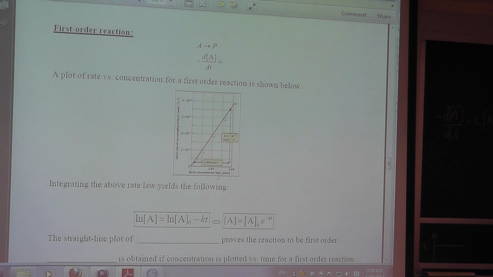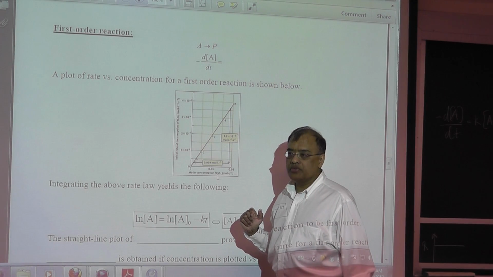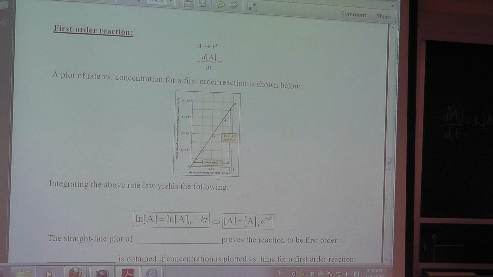Okay, that's the differentiated rate law for the first order reaction. So you can look at this and say if we're plotting the rate as a function of concentration, you're going to get a straight line whose slope is going to be the rate constant.